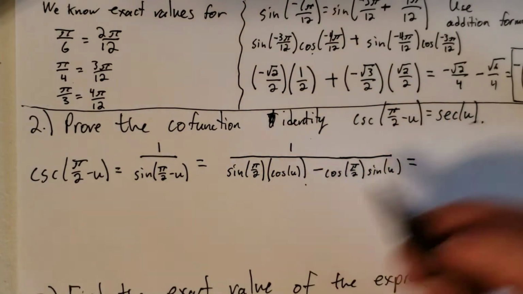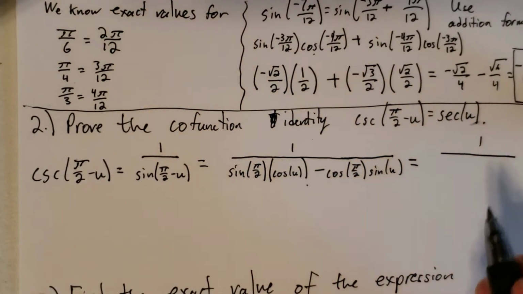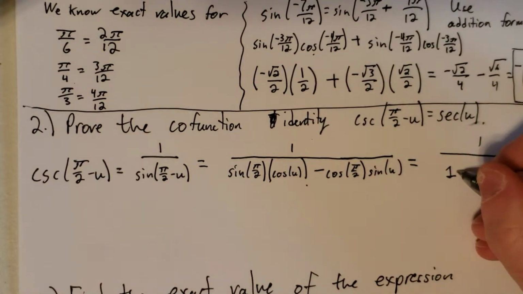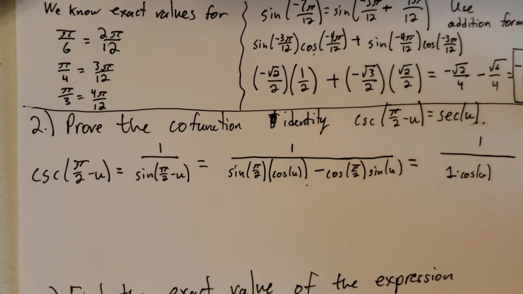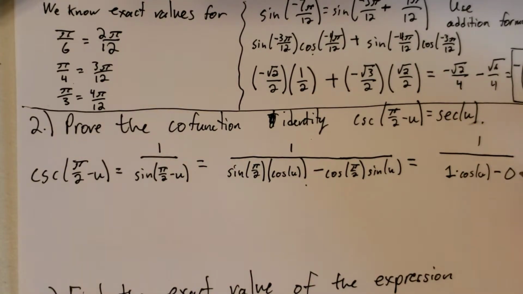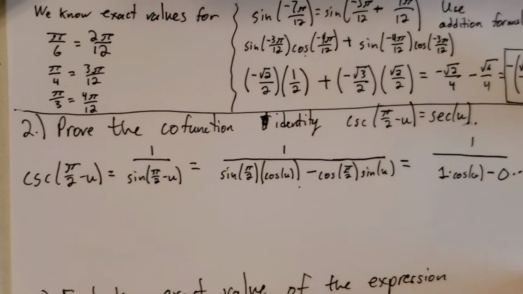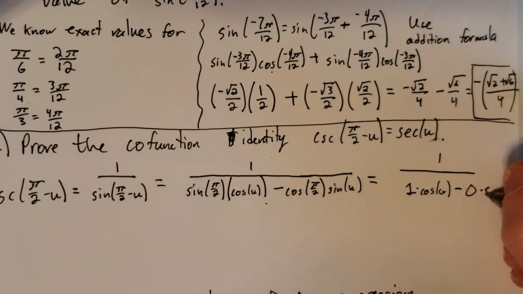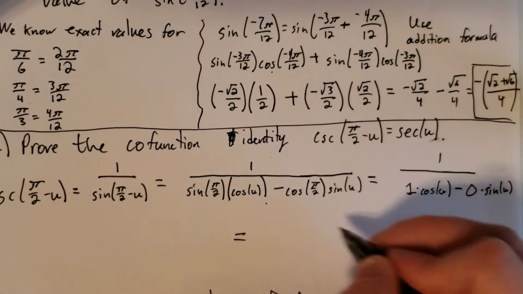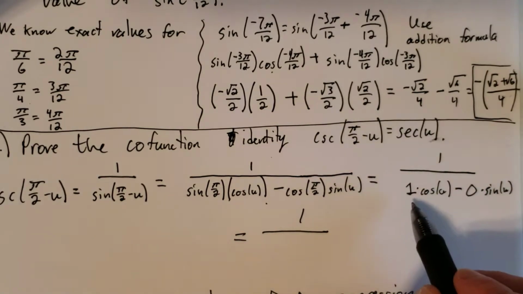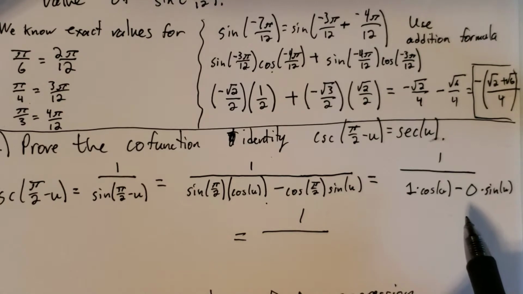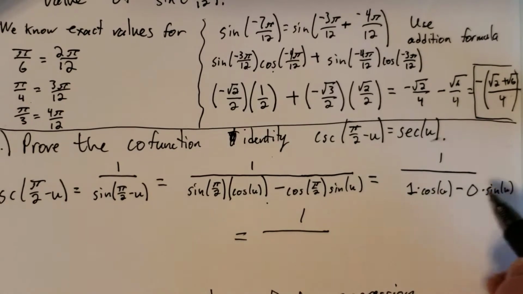All right, we can rewrite this. This is 1 over, all right, sine of pi over 2 is 1. Cosine of u, we'll just rewrite as cosine of u again. Minus cosine of pi over 2 is 0 times sine of u. And if we rewrite all of that, 1 times cosine of u is just cosine of u, and then minus 0 times sine of u, so that goes away.